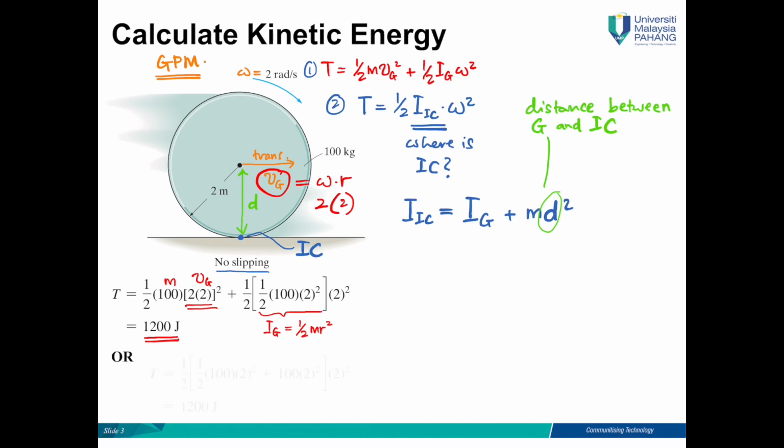All right, so there you go. This part here is Ig, 1/2 m r squared, plus this is m, and this is d squared. So you will get the same answer, 1200 joule. All right, so that's how you calculate. I gave you a few examples on how to calculate the kinetic energy of a rigid body in motion.